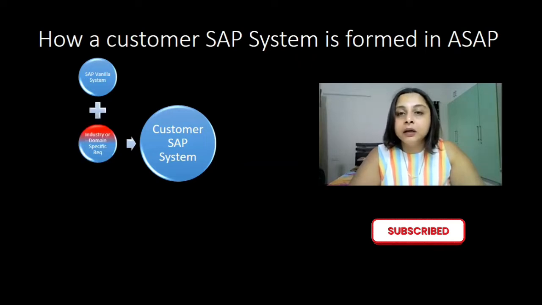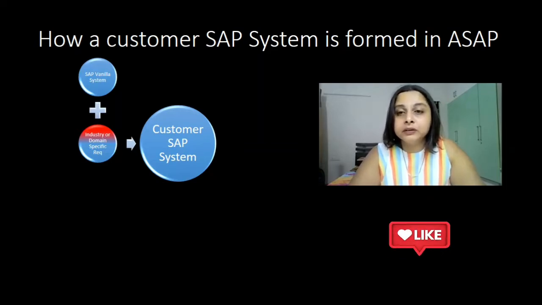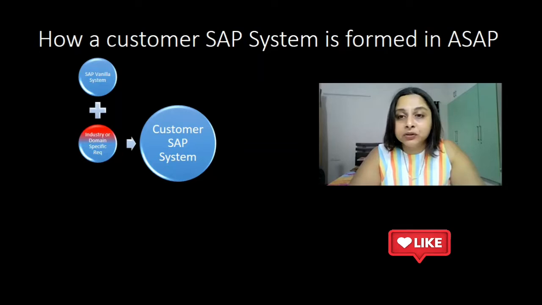To add, you might have industry specific or domain specific requirements on top of that, as we discussed. There are certain industries like the auto industry, the manufacturing industry, the semiconductor industry or the FMCG industry, which might have their own industry specific business processes, which also need to be implemented.